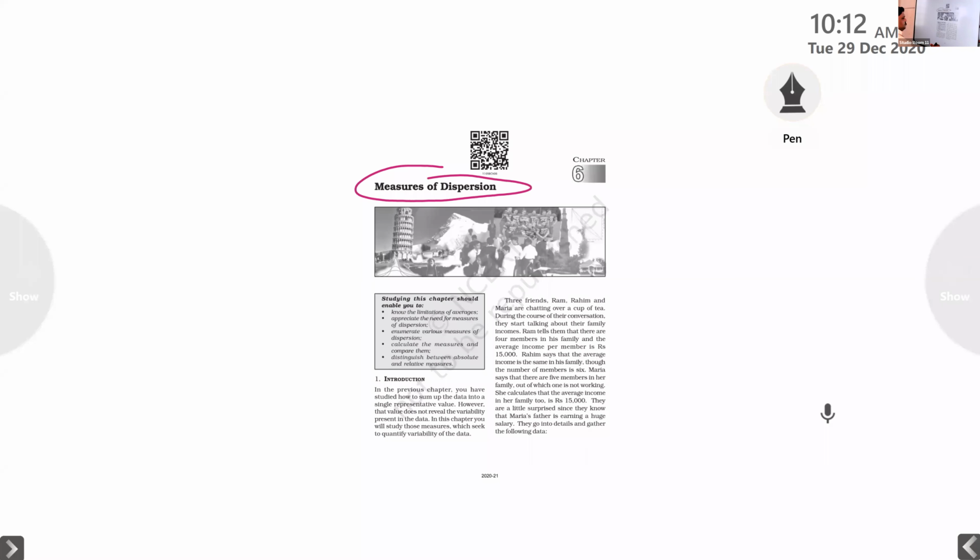So this method is basically termed measures of dispersion. Okay. So we are reading the introduction here. In the previous chapter, you studied how to sum up the data into a single representative value. That's the average, right? However, that value does not reveal the variability present in the data, the differences in the data.